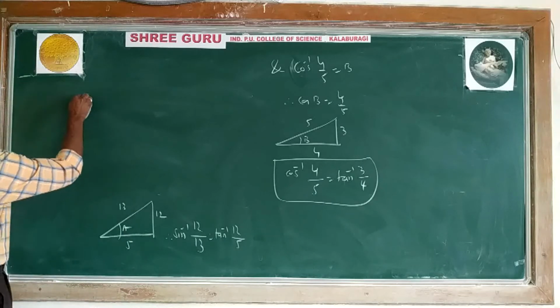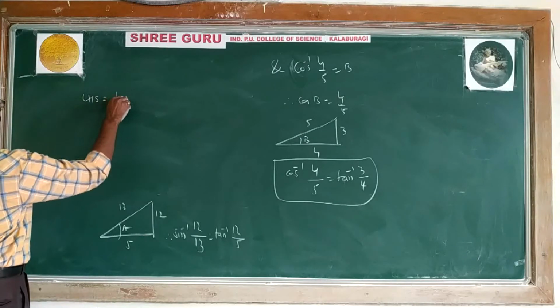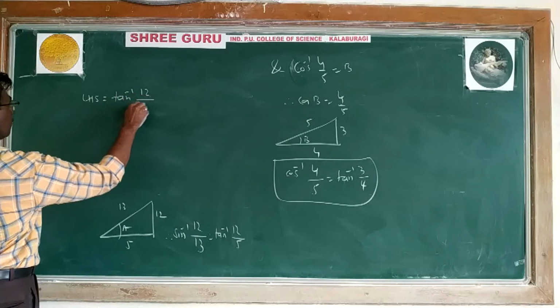Now start the LHS. What is the first one? Sin inverse of 12 by 13 is tan inverse of 12 by 5.